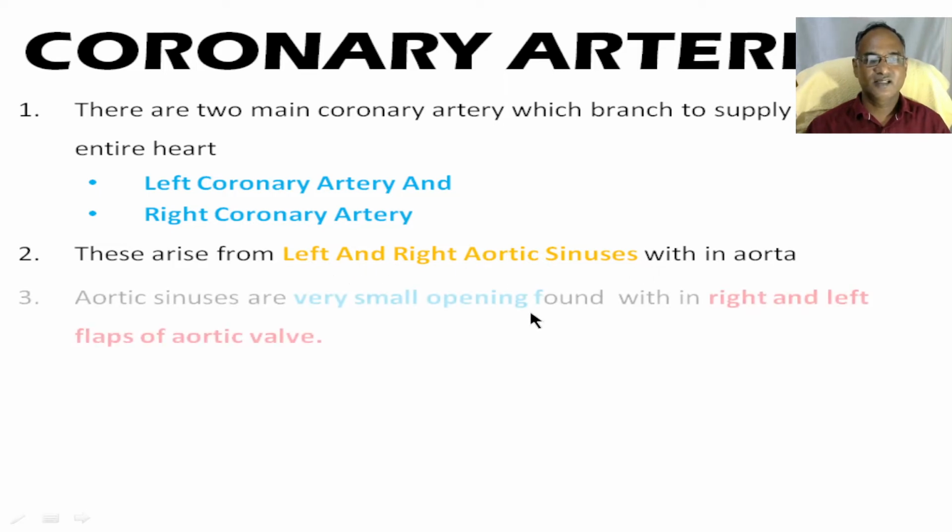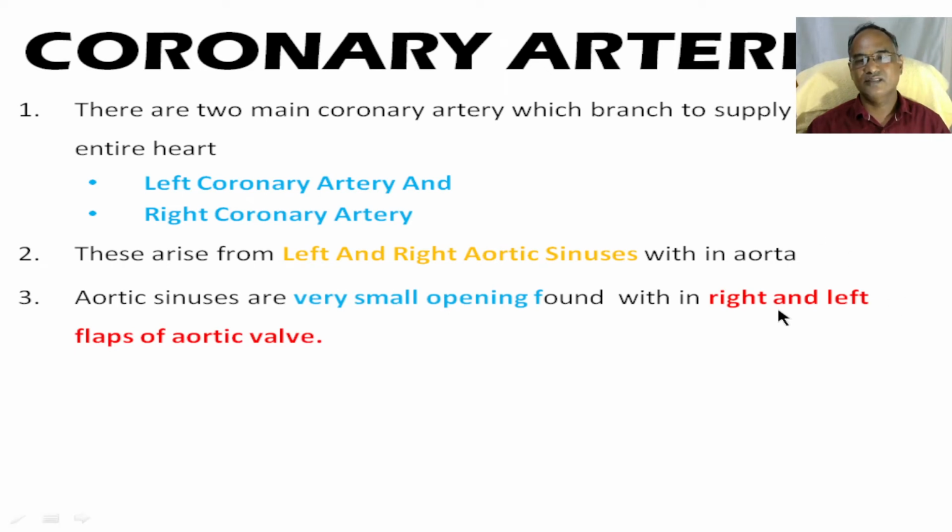This is a very small opening found within the right and left flaps of the aortic valve. Above the aortic valve there are three bag-like pockets, which we call the right and left flaps of the aortic valve.